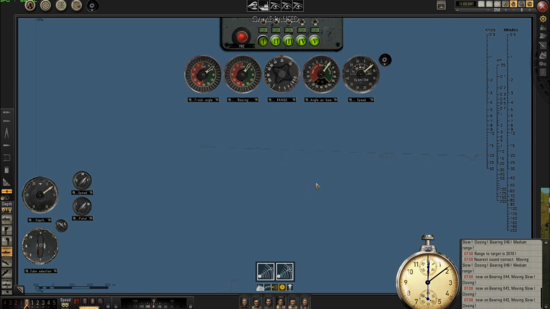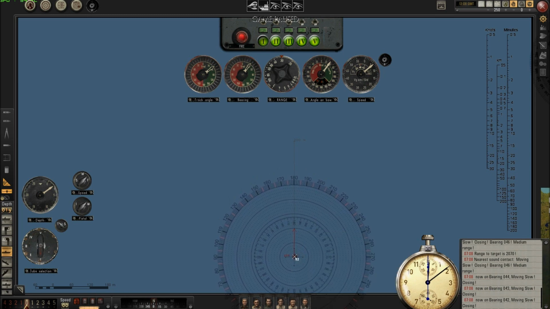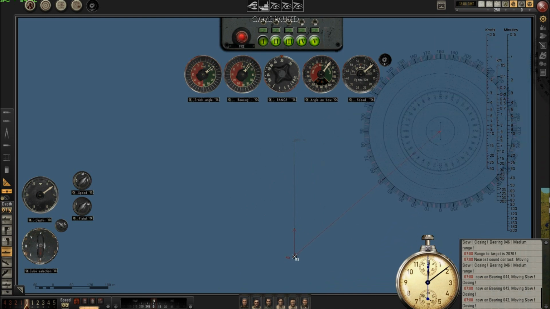Now I must draw this bearing to find the angle on bow and the range. Okay, so what I will do, I will take the protractor, and I don't need this anymore. I'll take again the protractor, and here is 179, 180, perfect, and 35 degrees bearing.